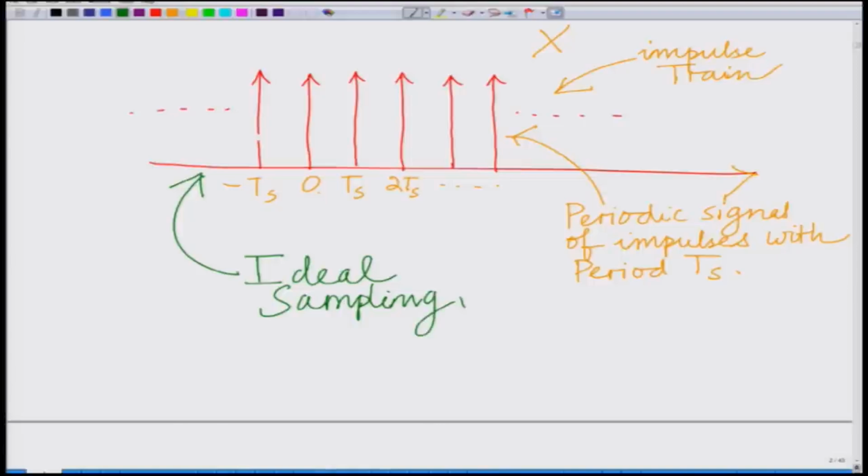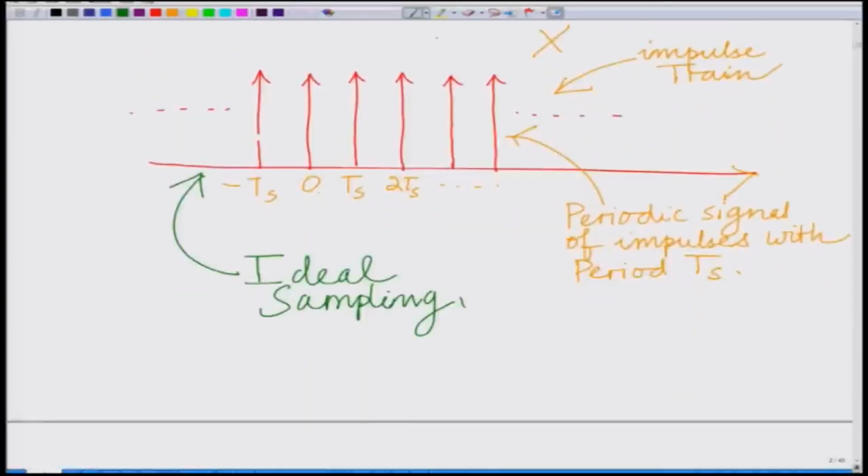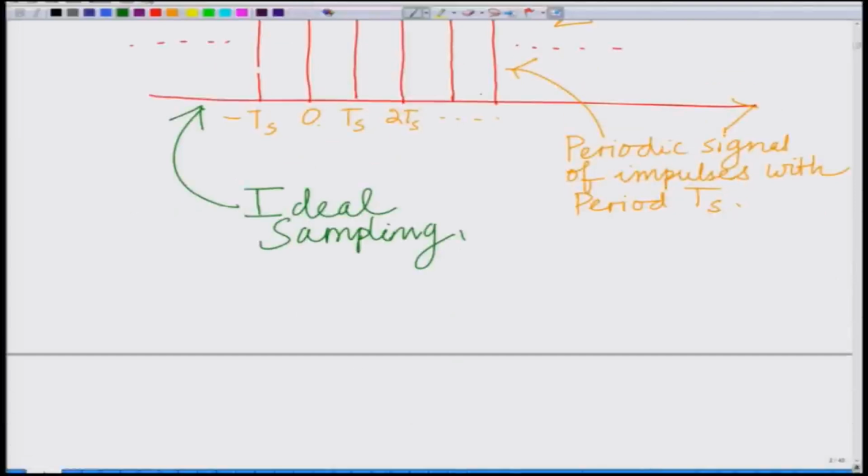Ideally, we want to multiply it by a train of impulses. Now, let us characterize this train of impulses.